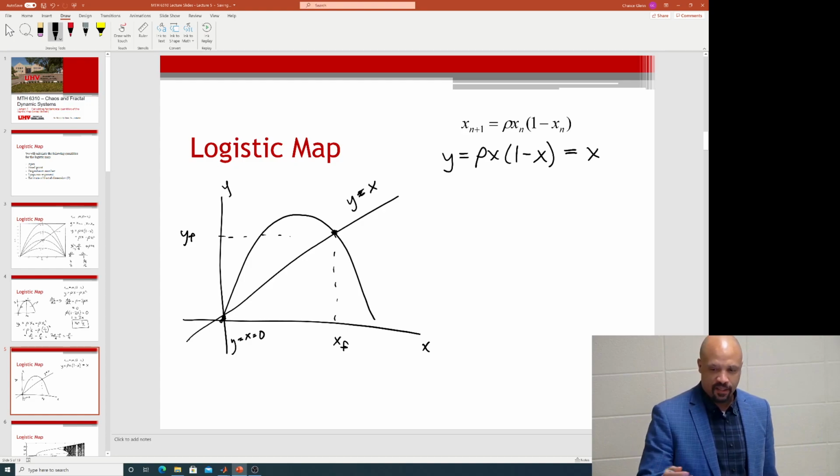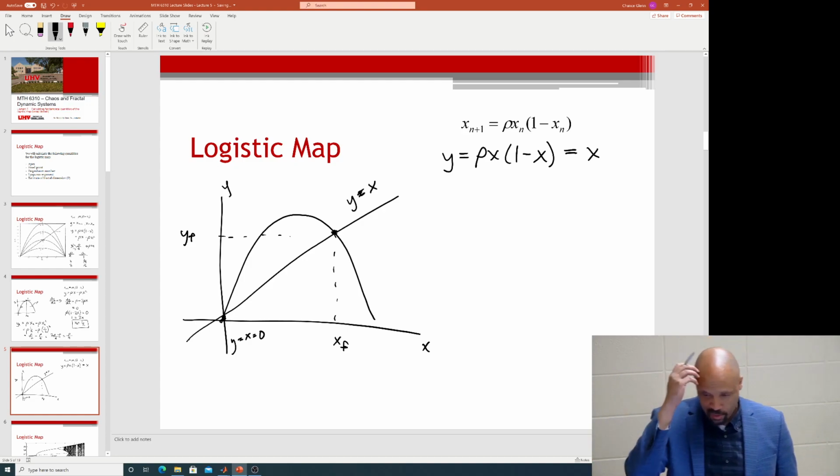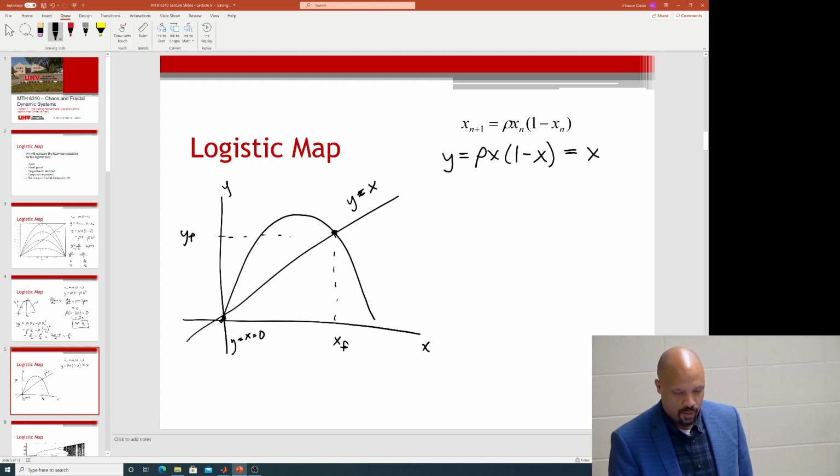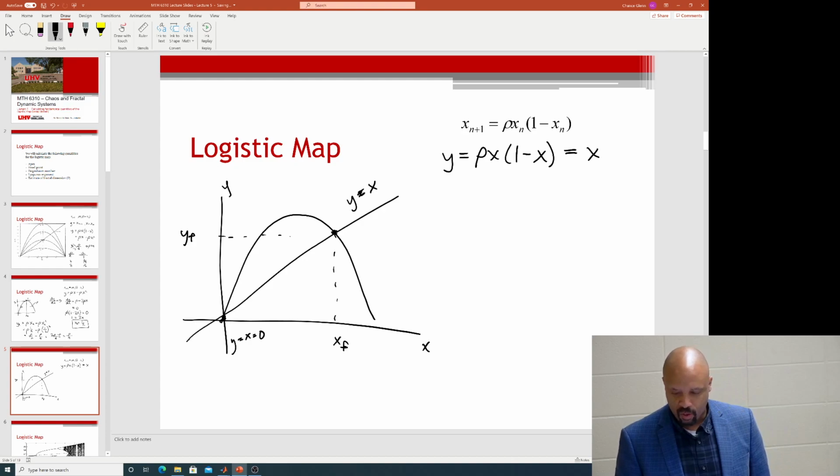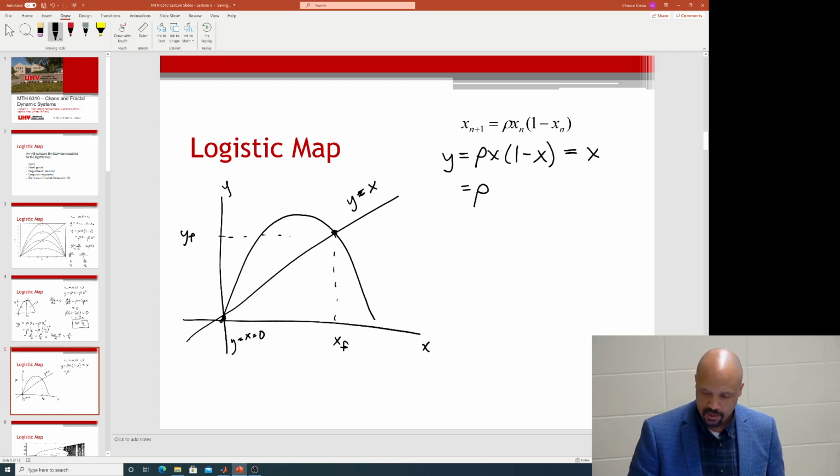Now that's something that's going to move with respect to the value rho. As we change rho, the fixed point will change. So let's see if we can figure that out.